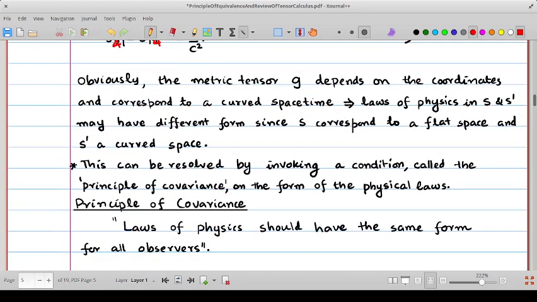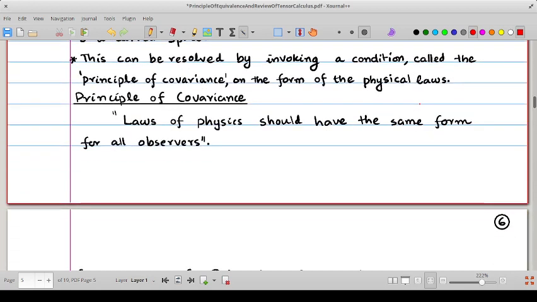So this can be resolved by demanding that all laws of physics should be written in such a form that they have the same form for all observers. This requirement is called the principle of covariance, which says that laws of physics should have the same form for all observers. So we will accept a statement of a physical law as valid only if it is covariant, that is, it has the same form in all frames of reference.